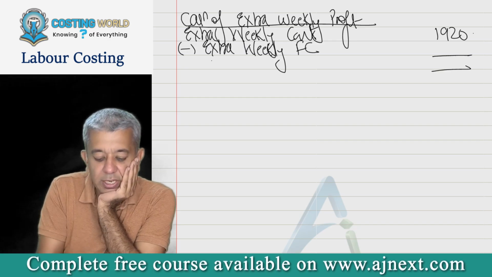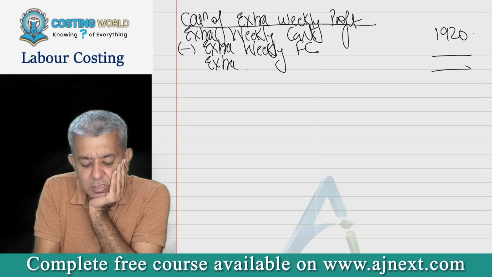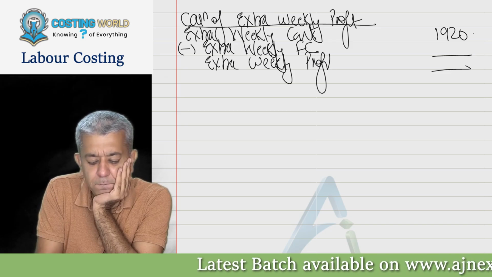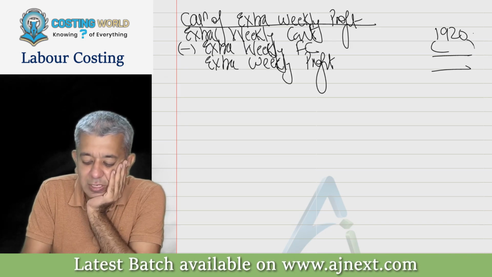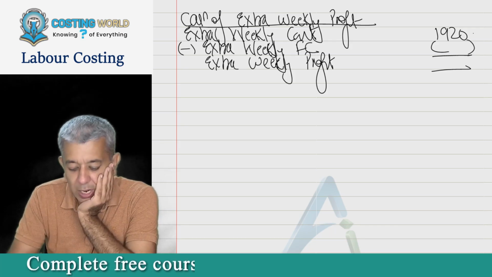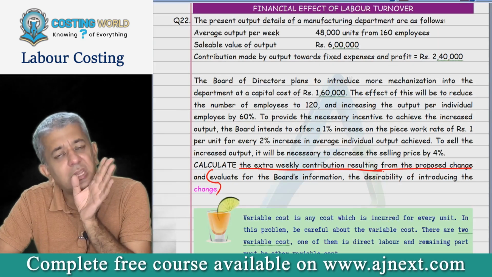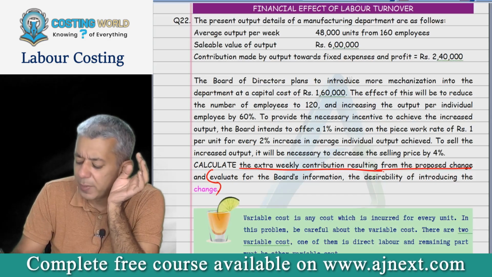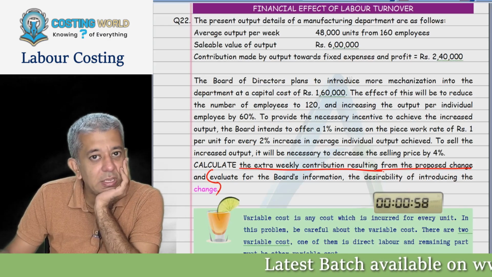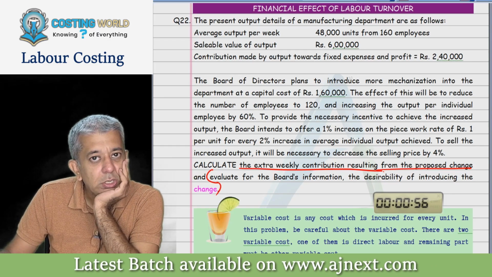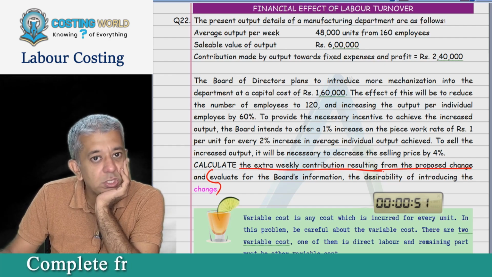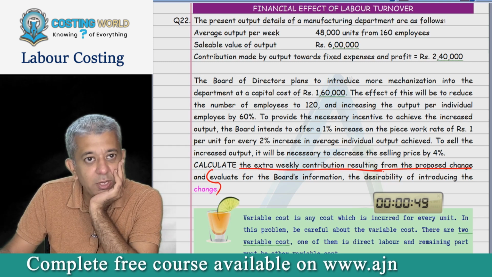This will give you extra weekly profit. Even if there is a rupee extra in profit, I am interested here. But obviously for this, I want extra weekly fixed cost. Now, you are going to be seeing this question and think only for 1 minute. I want extra weekly fixed cost. Think for a while and then do let me know.